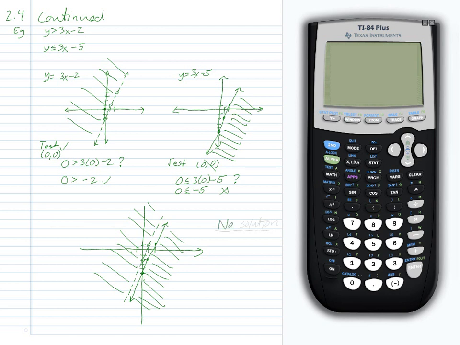There is no solution to this system of inequalities. And that certainly can happen. We can pose a system where no point will satisfy both inequalities, just like back in 2.1 and 2.2 we saw that there are systems that simply have no solution when we're dealing with more basic equations.